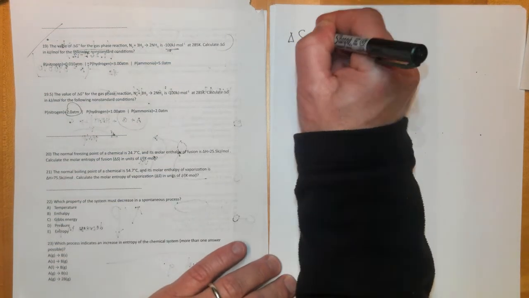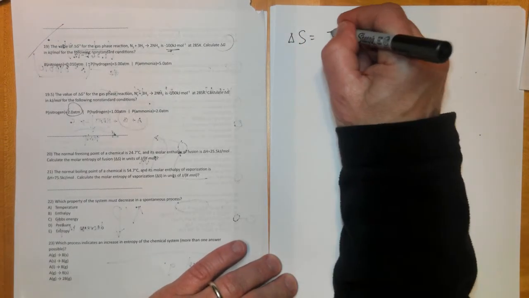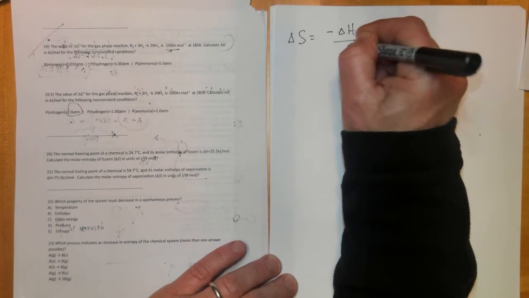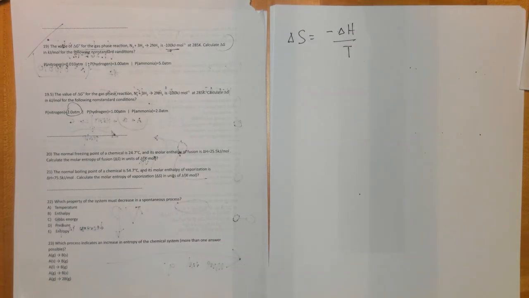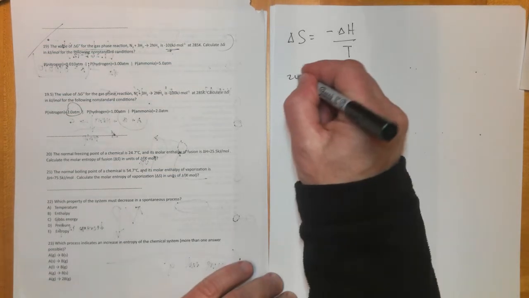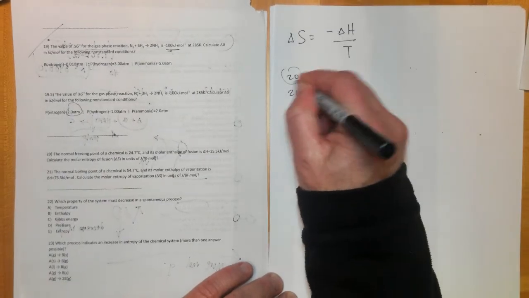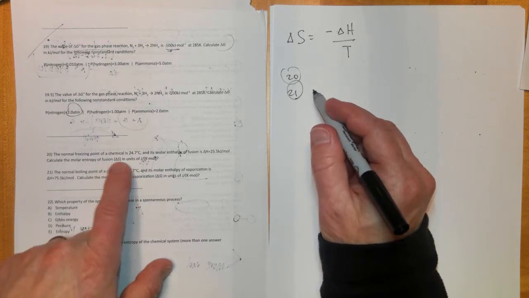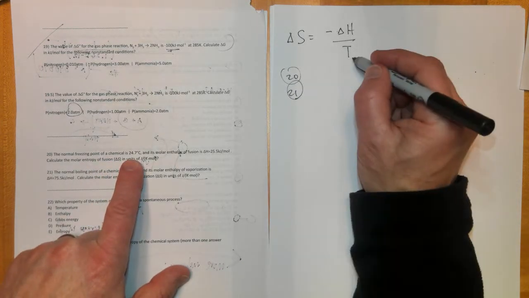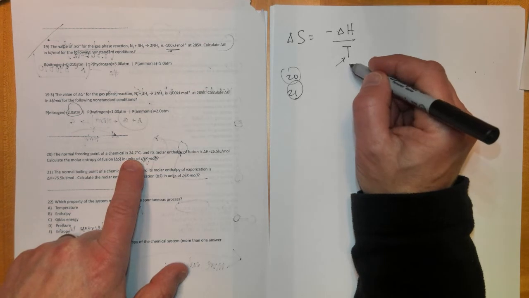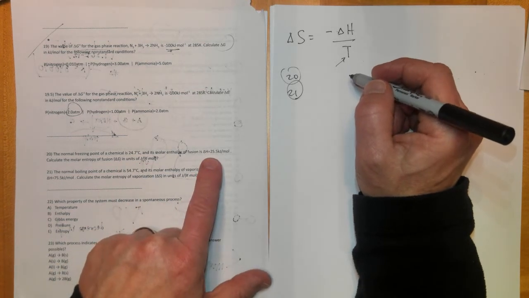Now, in number 20 and 21, there's a phase change going on. When there's a phase change going on, you can calculate the entropy directly by knowing that the entropy is equal to the negative of the enthalpy divided by the Kelvin temperature. S equals negative H divided by T. This is for 20 and 21. For number 20, it says the normal freezing point is, and you have to convert that to Kelvin, and the delta H is 25.5.